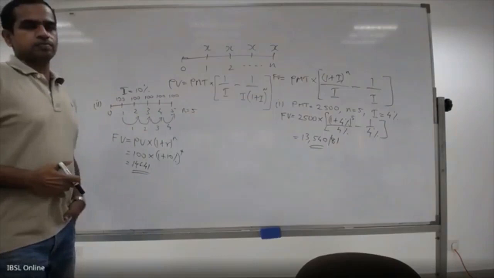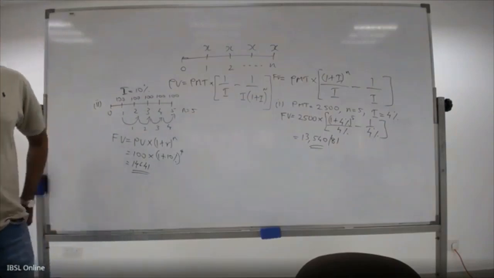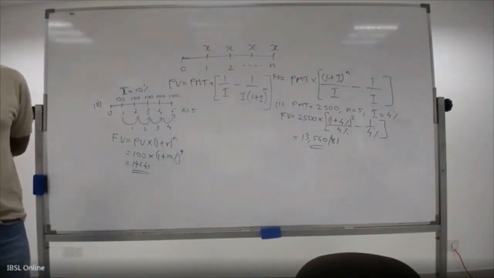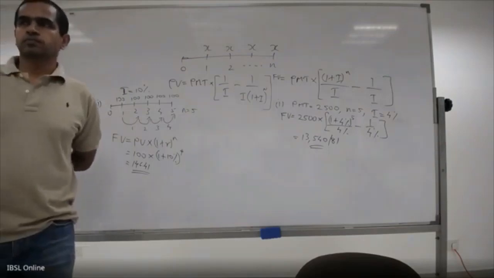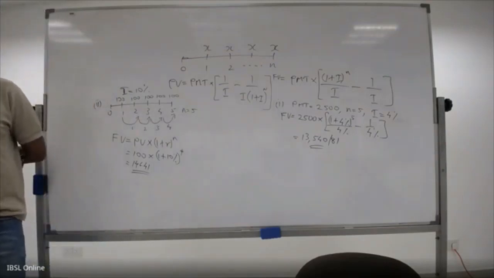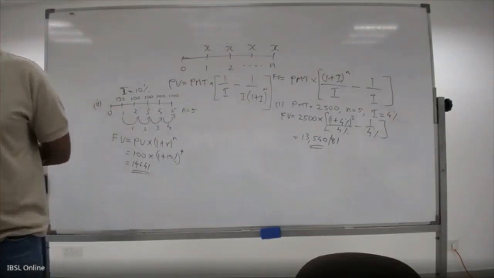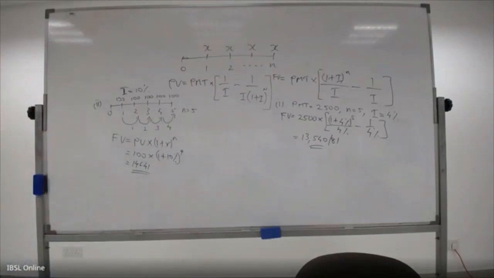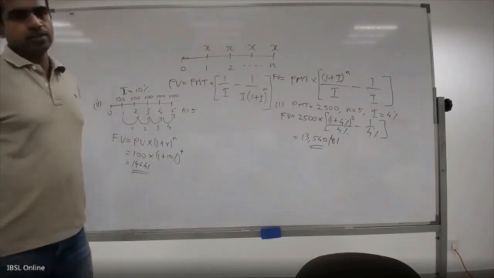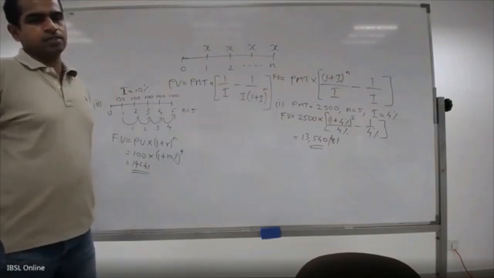Third one. Assume that you are offered an annuity that pays $100 at the end of each year for 10 years.